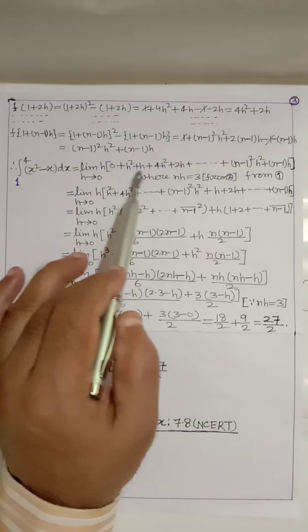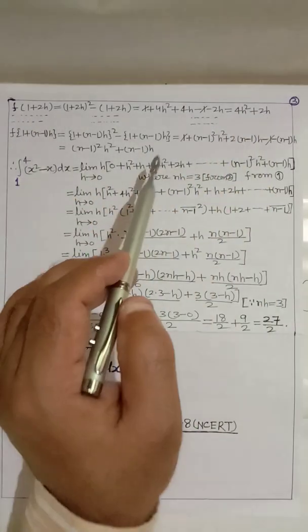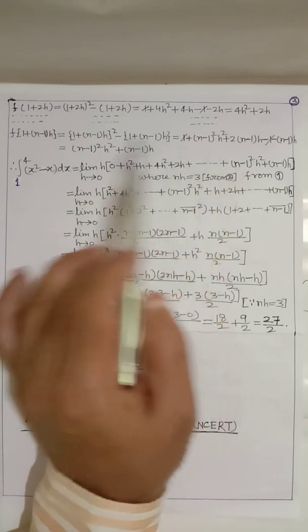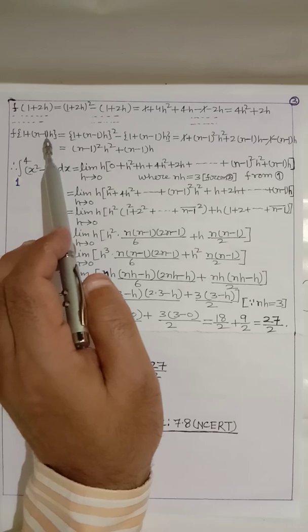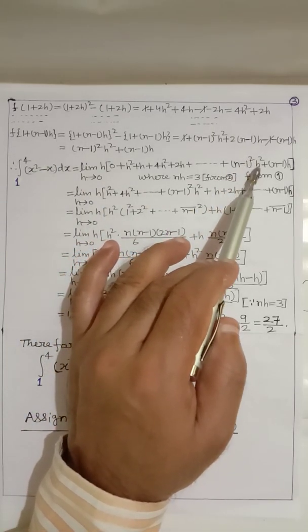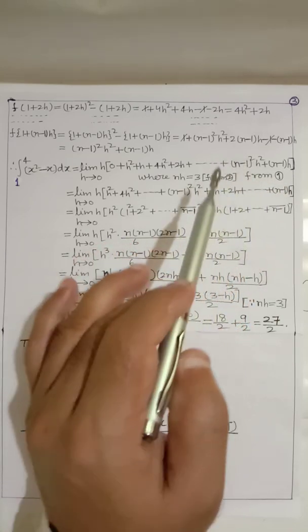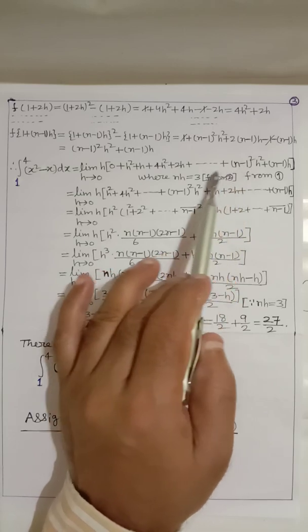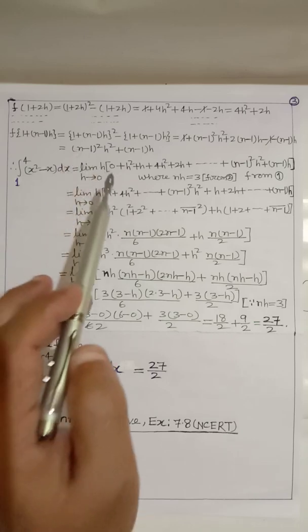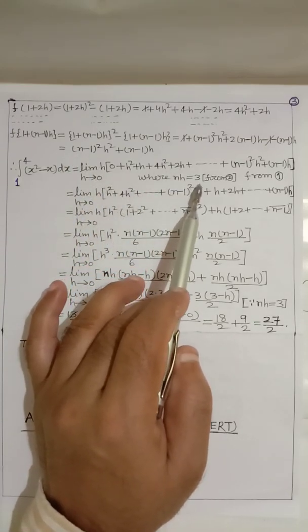Then f(1 plus 2h), we have 4h square plus 2h, plus and so on, plus f(1 plus n minus 1 h), which is equal to n minus 1 whole square h square plus n minus 1 h. So we have written this from 1, means putting all the above values in 1, where nh is equal to 3.